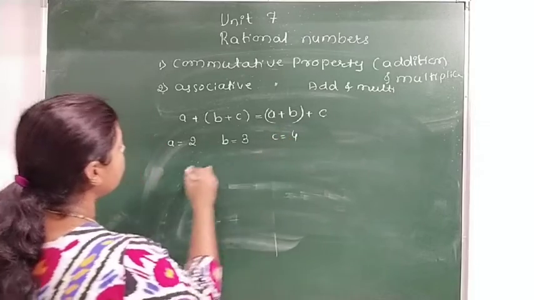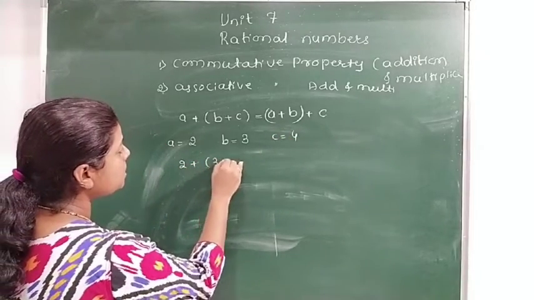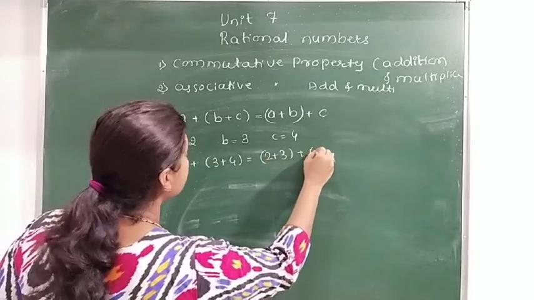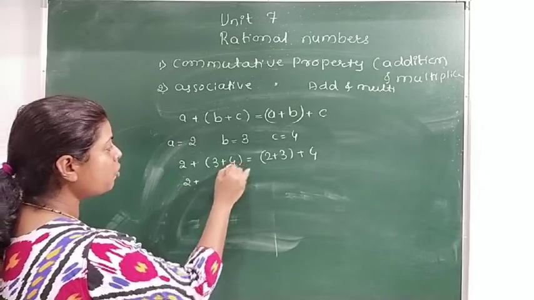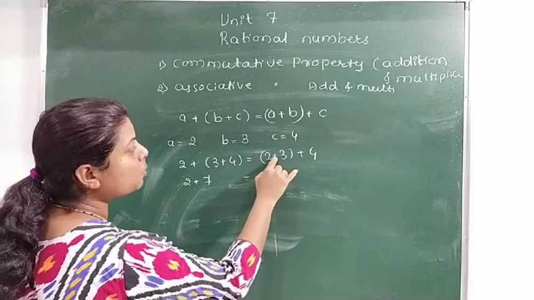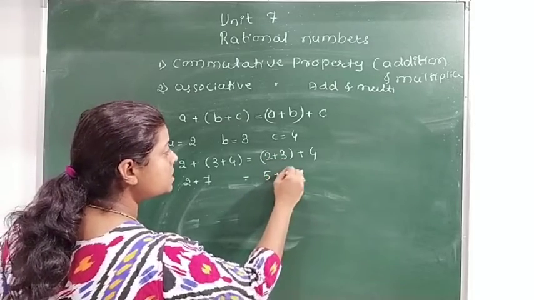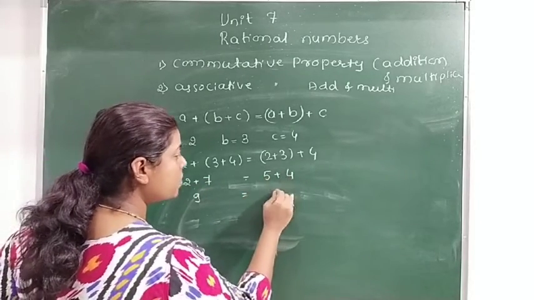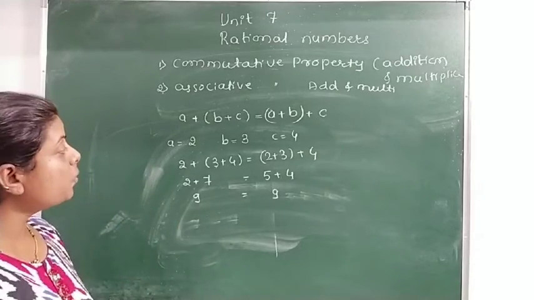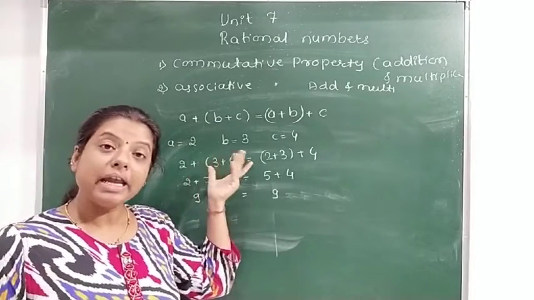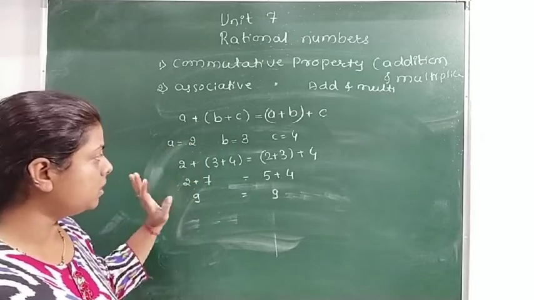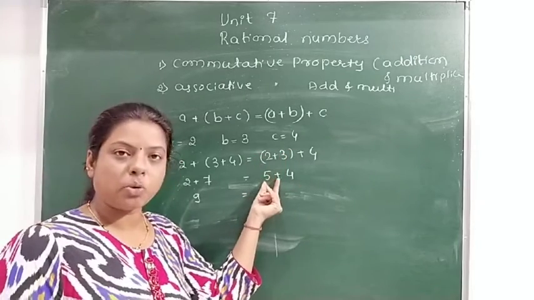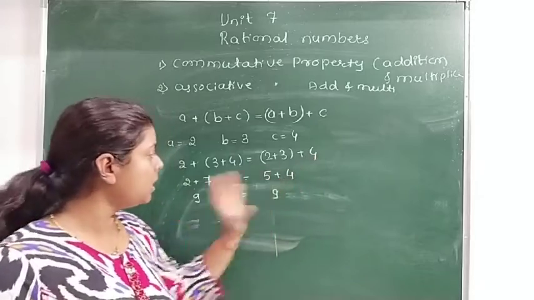C is equal to 4. (2 plus 3) plus 4 is equal to 2 plus (3 plus 4). 2 plus 3 plus 4 is 7, is equal to 2 plus 3 is 5, plus 4. 2 plus 7 is 9, is equal to 5 plus 4 is 9. Means first we have to simplify the bracketed term, then you have to add with the remaining terms. That you have to keep in your mind. 2 plus 3, that is a bracketed term, first we have to simplify, then add with the remaining numbers.